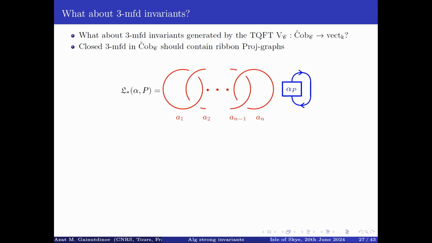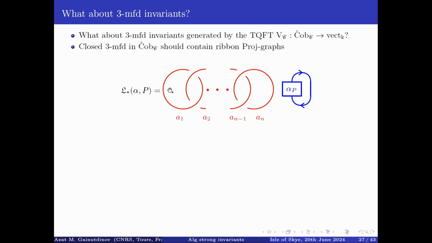Okay, so what about the manifold invariance? Because of this condition on cobordisms, in particular closed cobordisms, from empty to empty, or closed manifolds, they have to have inside a non-trivial ribbon graph with at least one edge colored by a projective object. This is the picture for what is allowed in the manifolds category.